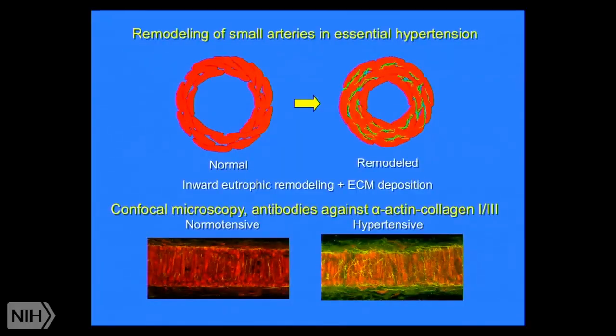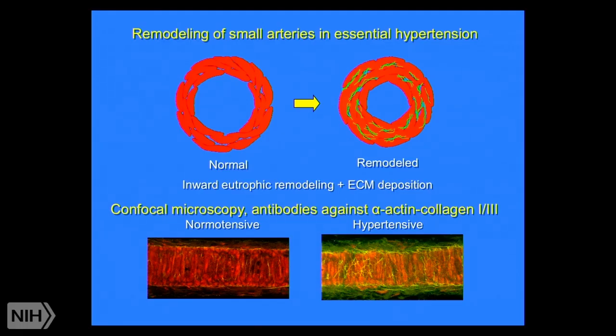In fact, this is shown here, where a normotensive and a hypertensive vessel are depicted from confocal microscopy, and you can see the yellowish, greenish deposition of collagen, which is absent in the normotensive, and this is shown over here. The typical change that occurs in human essential hypertension is this eutrophic inward remodeling associated with deposition of collagen and fibronectin in the media.